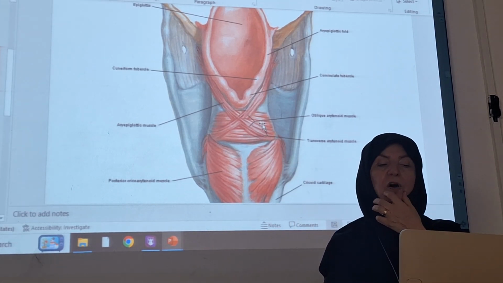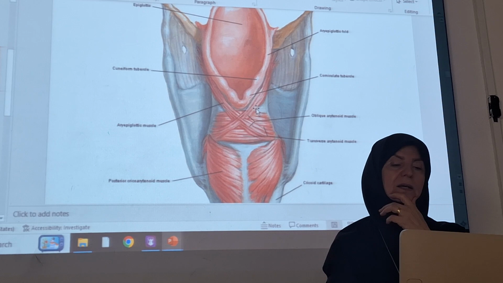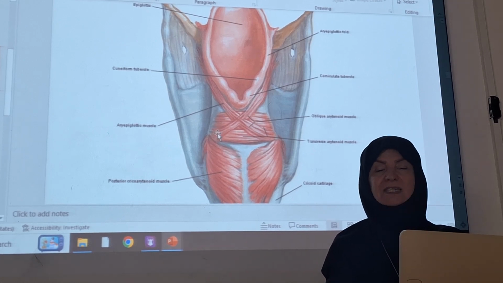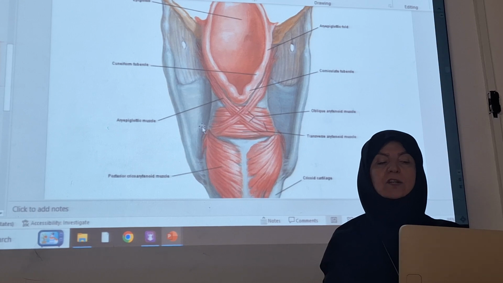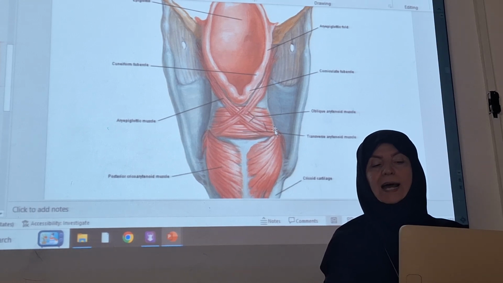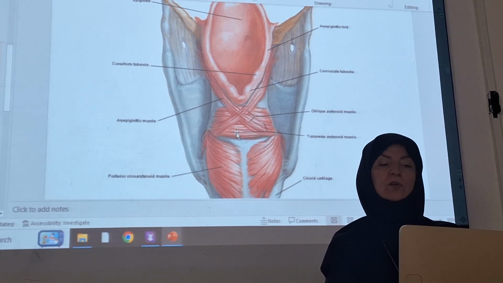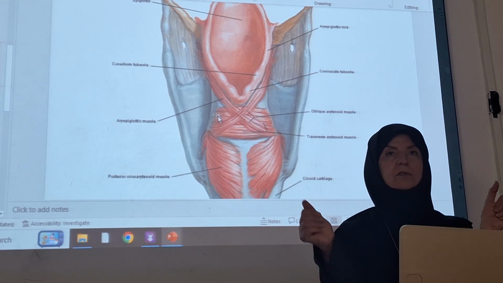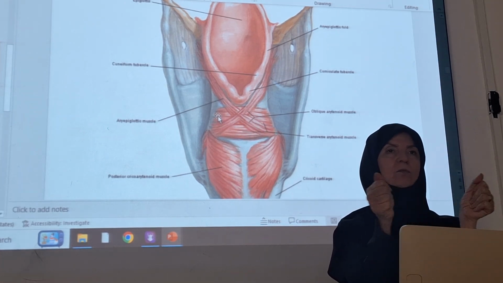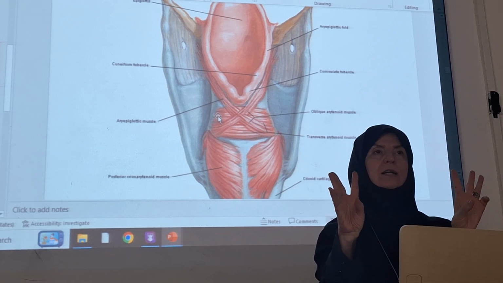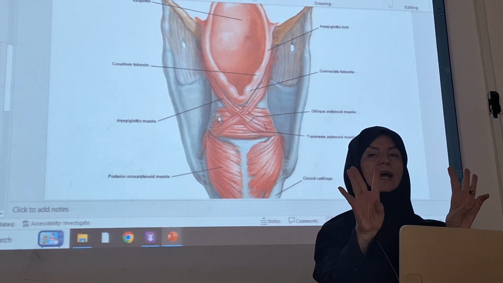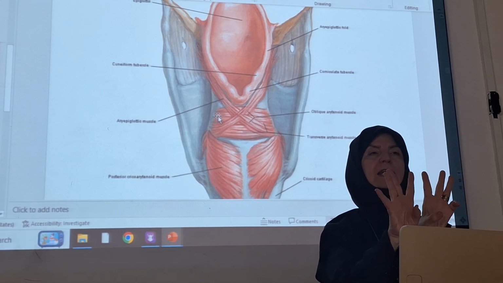Now, the transverse arytenoid muscle, the origin and insertion are visible. Both of them attach to the lateral border of the posterior surface of the arytenoid cartilage. What do you think the function is? When it contracts, what happens to the arytenoid cartilages? They contract and come near to each other.